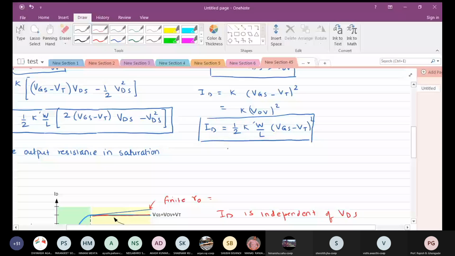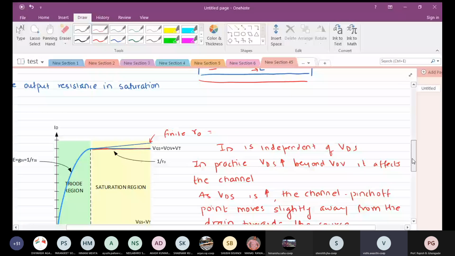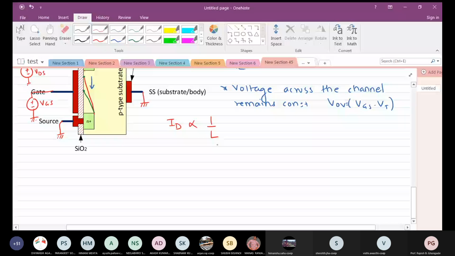So drain current is inversely proportional to L. So as L decreases, what will happen to ID?